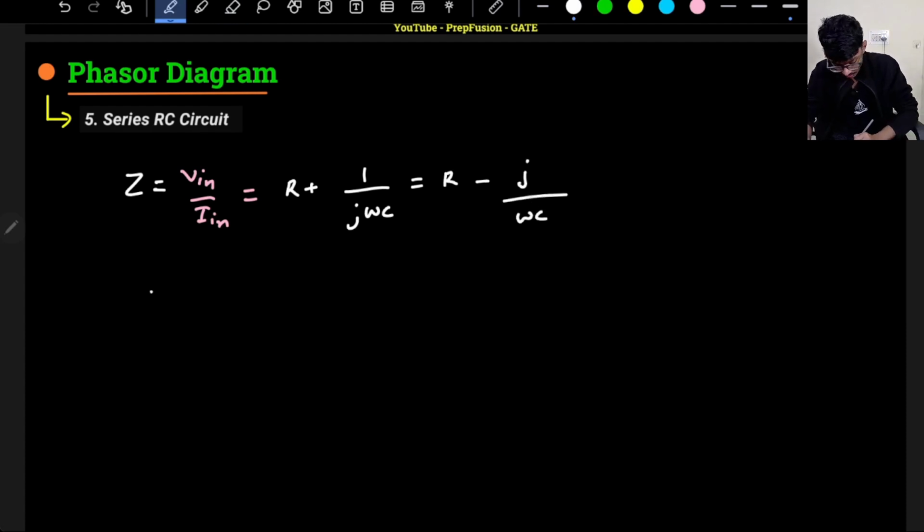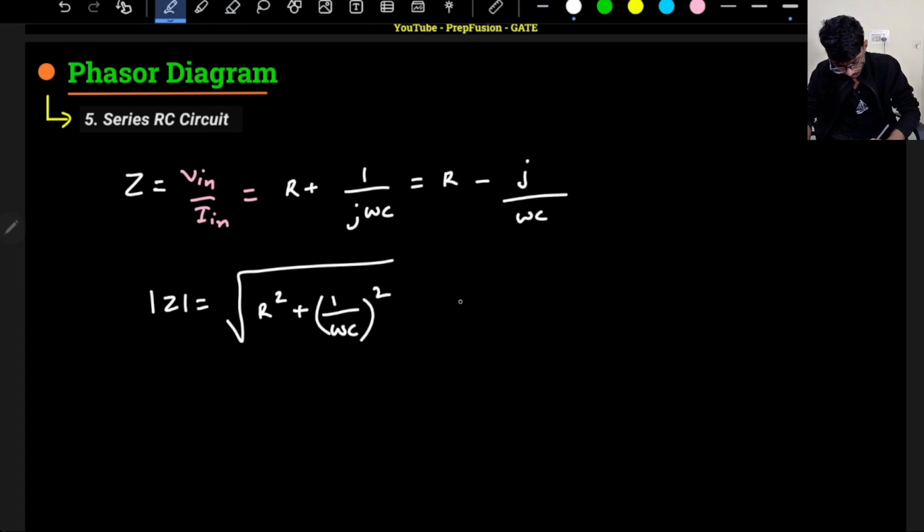So from here you can find your impedance angle. Sorry, your magnitude of the impedance will be the square root of R square plus 1 by omega c whole square, and your phase angle will be tan inverse of 1 by omega RC, okay?